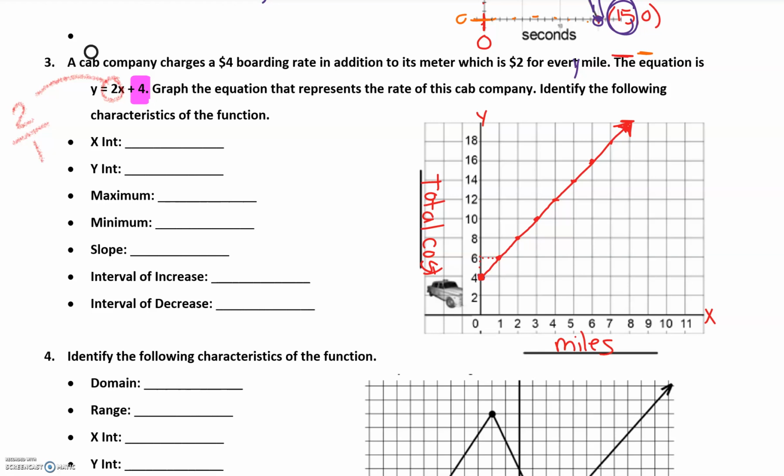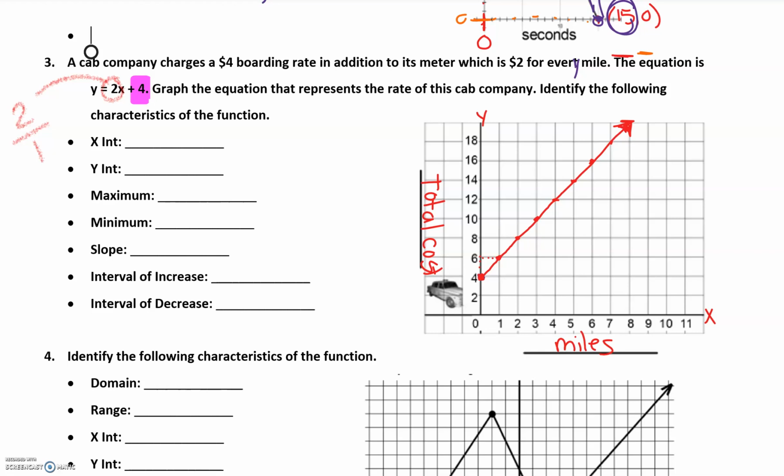We can't have less than 0 miles. When you get in the cab is when your miles start, and that starts at 0, so we can't have anything smaller than that. That's why there's a point. But we can have more than this 8 miles, which would be here, where that arrow is drawn. So that's why we've got a point on the left, but an arrow on the right.